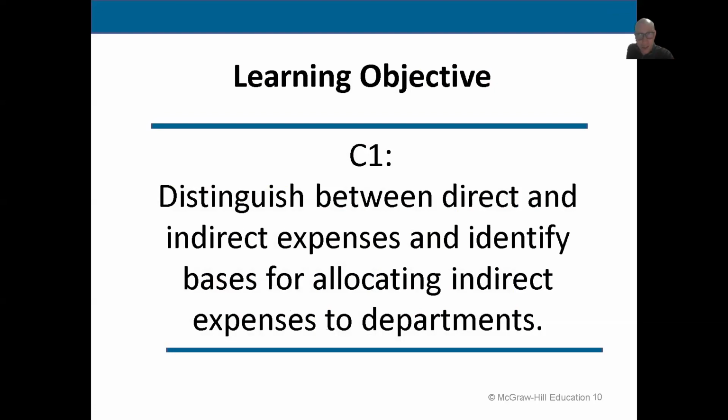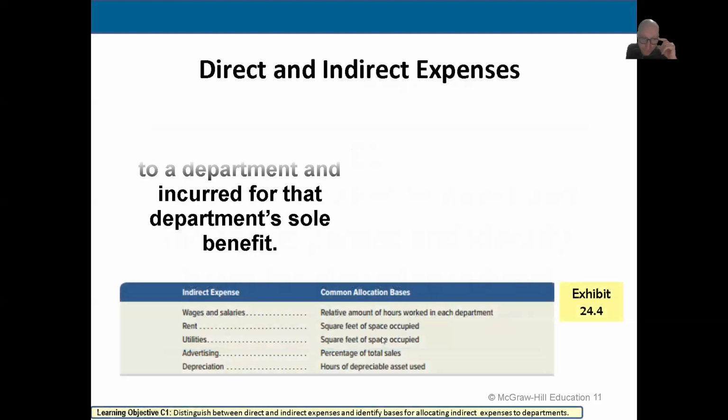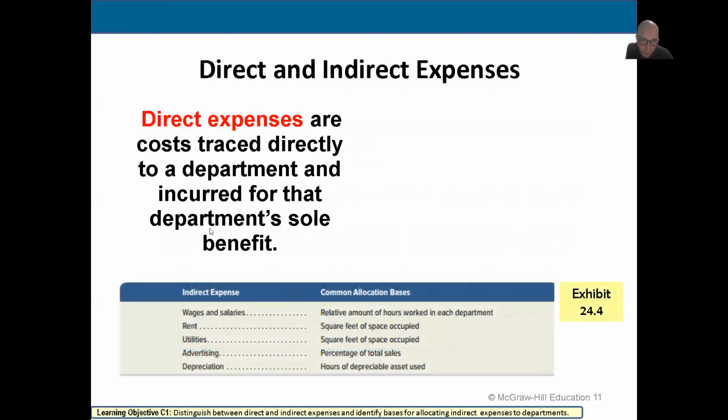They cannot control things that are assigned to their department from outside their department. Direct expenses are costs that can be directly traced to that department, such as the employee wages working within that department that are specific to that department. That's what we call direct expenses.